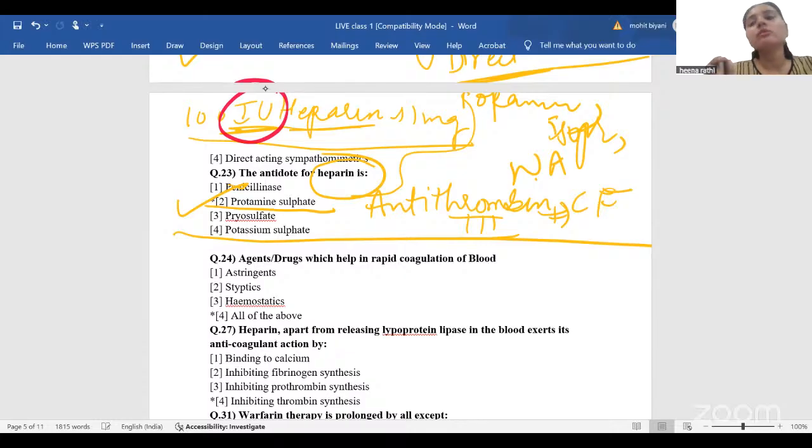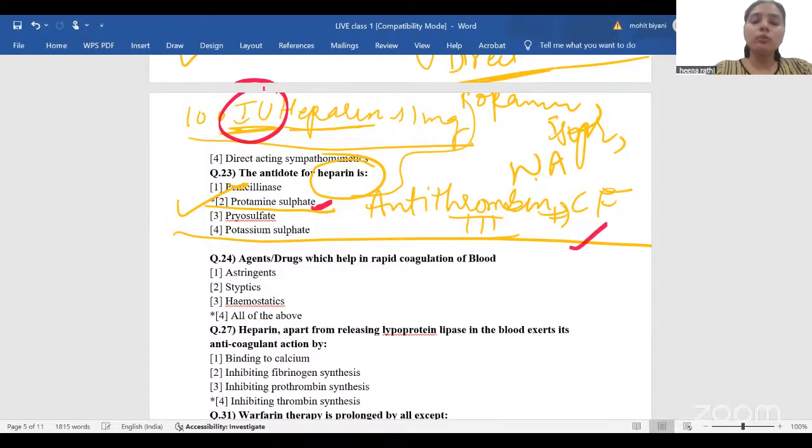Heparin as well as low molecular weight heparin is a parenterally given anticoagulant drug. To antagonize its effect, we will give this protamine sulfate, which is obtained from the sperm of a fish. 1 milligram of the protamine is sufficient for 100 international units of heparin.